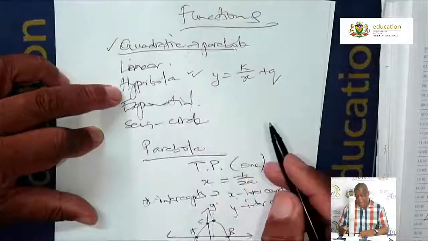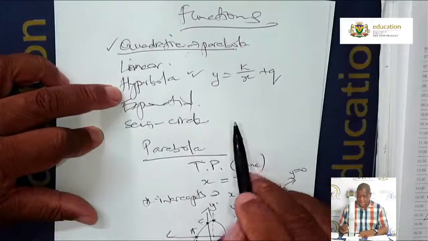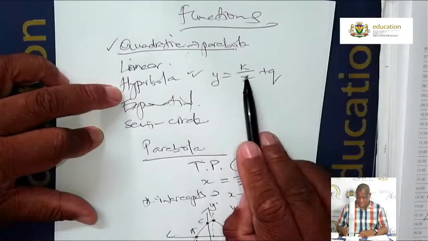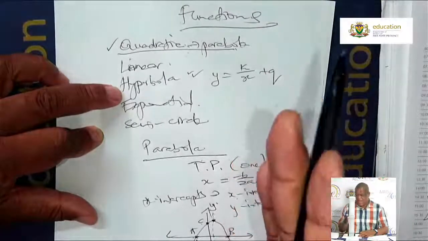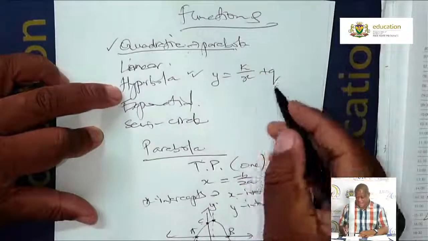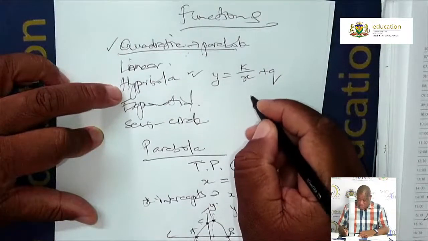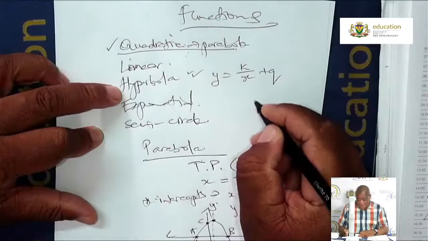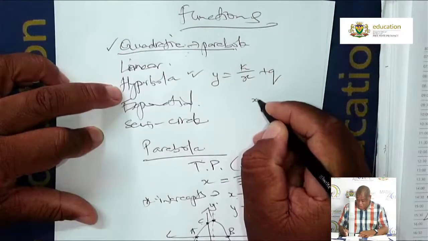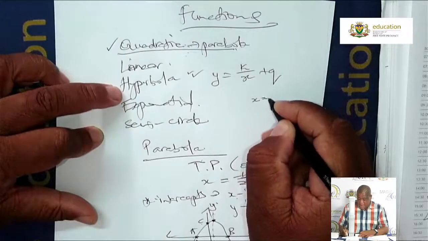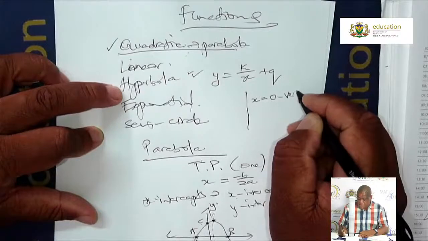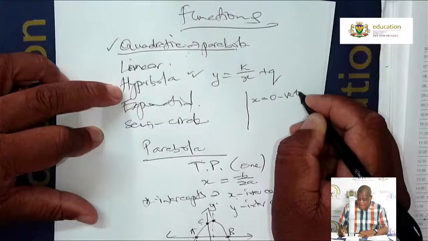This kind of hyperbola is telling us that because it's only x that appears there, the y-axis will serve as the vertical asymptote. The y-axis, the vertical asymptote, that is where x is equal to 0. Where x is equal to 0, it's serving as your vertical asymptote.